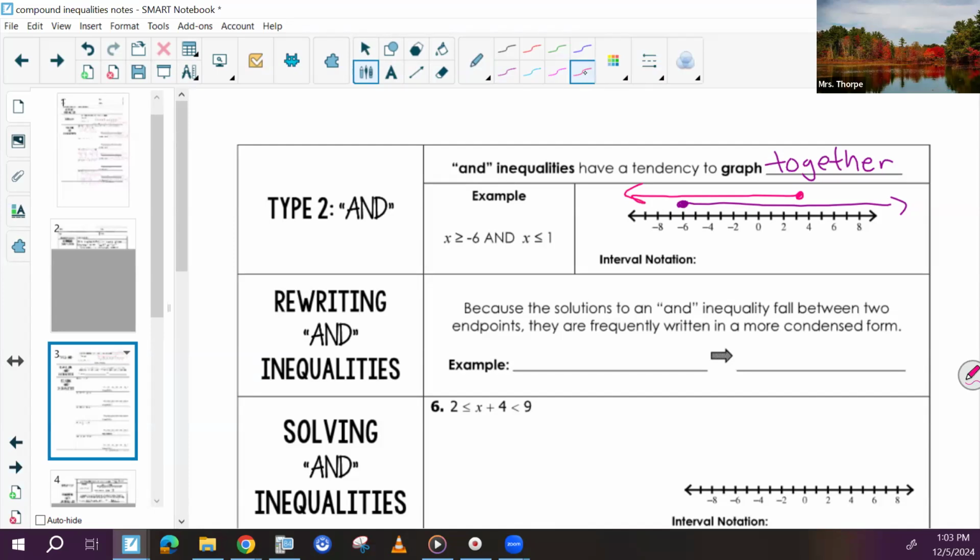And here they overlap. So I'm looking for the and, where they overlap. So yes, you could do both of these if you want, or you could just draw where they overlap. So starting at -6, ending at 1, and drawing a line in between. Questions on that before I do the interval notation?